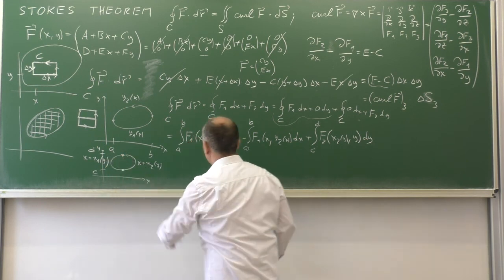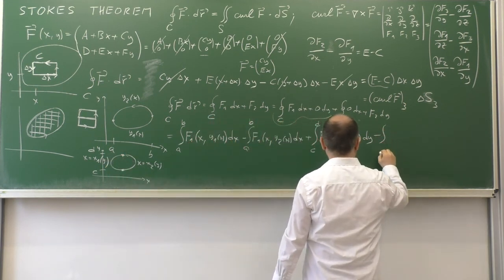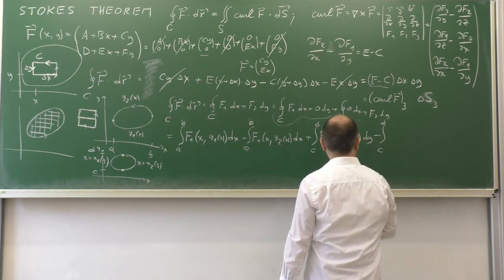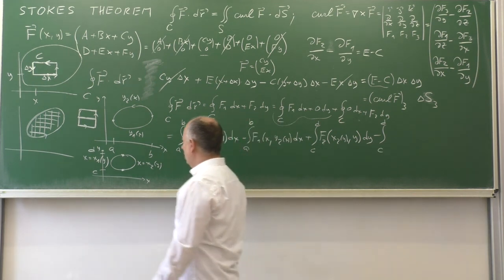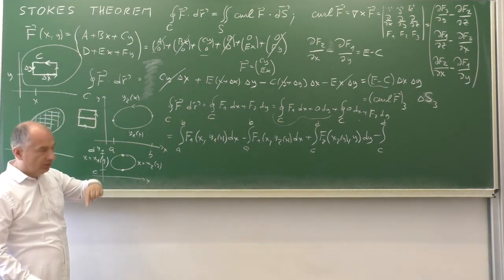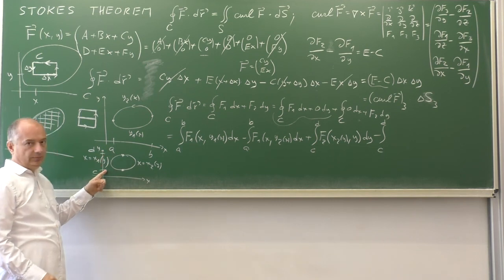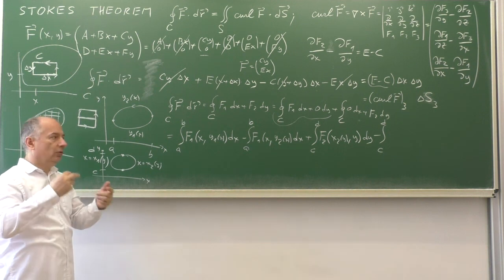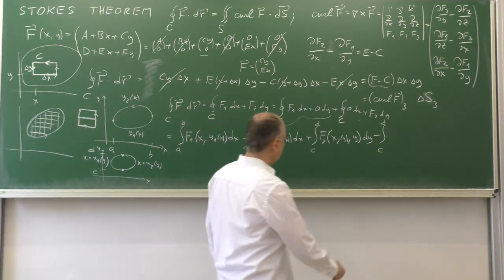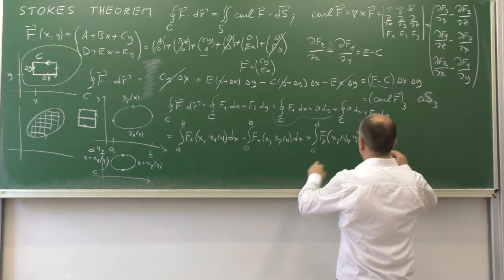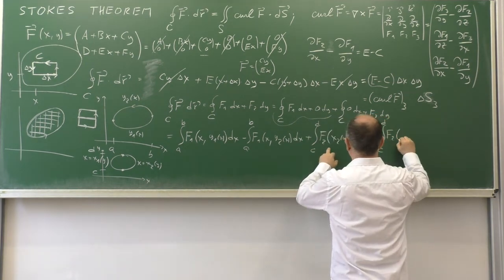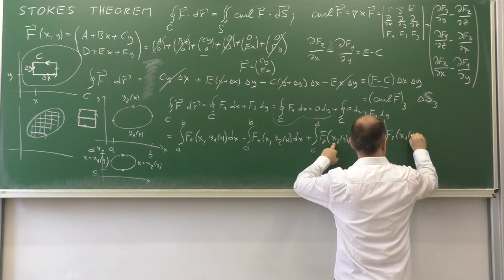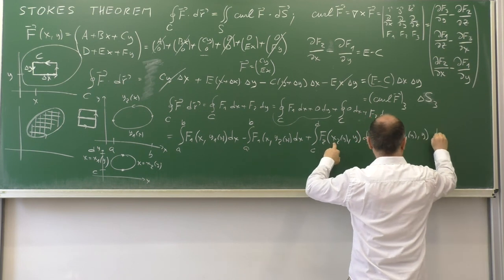And then going downwards means minus integral from C to D. Well, actually, there would be plus integral from D to C. But if we write from C to D, if we swap the limits, we must write minus. And now f2 is evaluated at the left-hand side part x1 of y, y, dy.